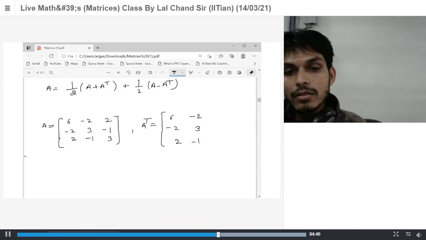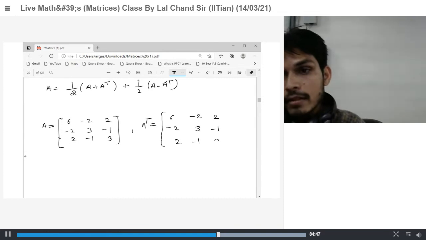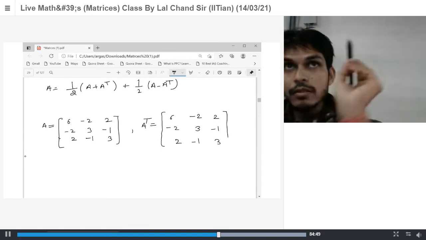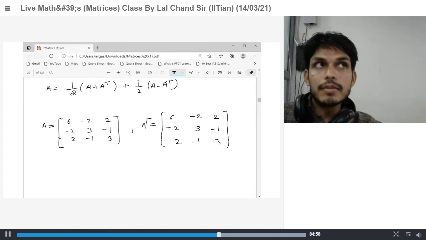If I take the transpose of the third row, then I have 2 minus 1, 3. So this is the value of A transpose.